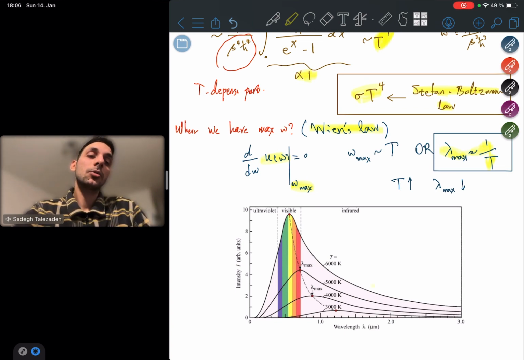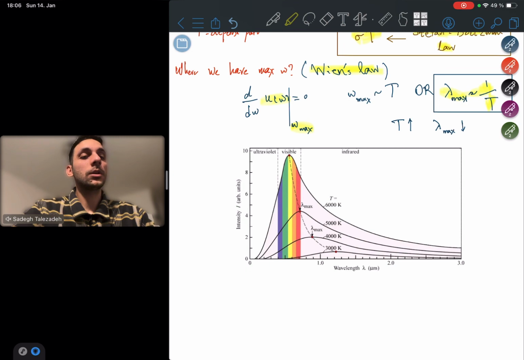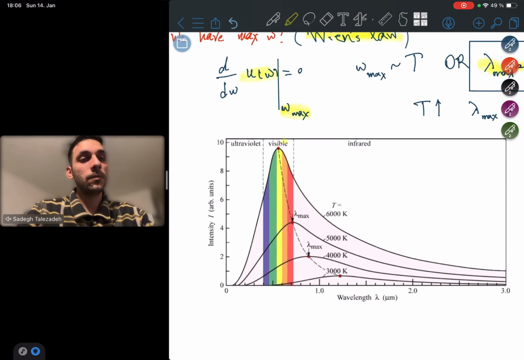So as you increase the temperature, the peak goes lower and lower in wavelength. And as you can see in this plot, as we increase the temperature, the wavelength corresponding to each temperature goes down.